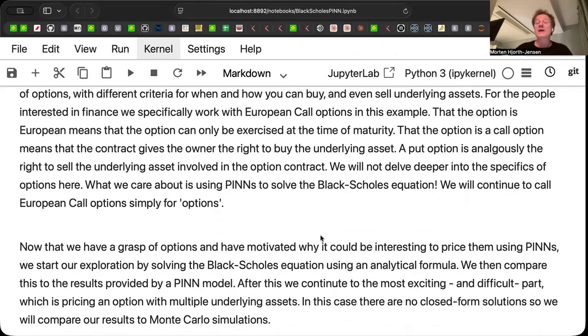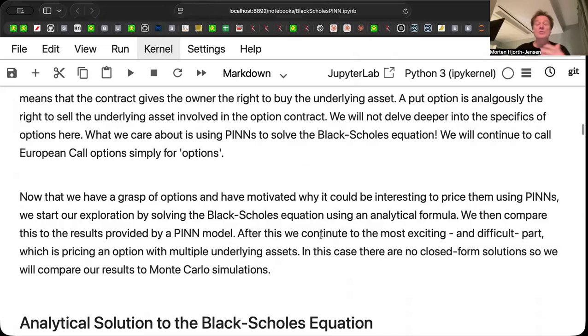So what we are interested in now is simply to solve the Black-Scholes equation using physics-informed neural networks. Now that you have understood what enters the equations, for us the rest is to set up something pretty similar to what we did with neural networks.